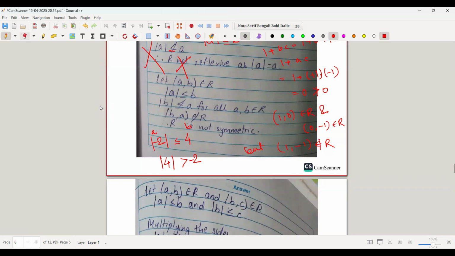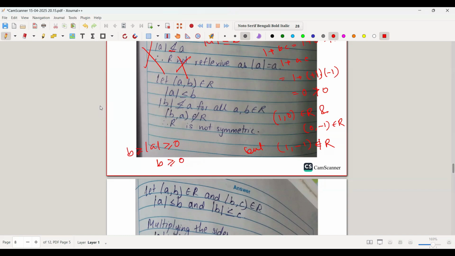Okay, mod A is always positive, and hence B is greater than or equal to 0.